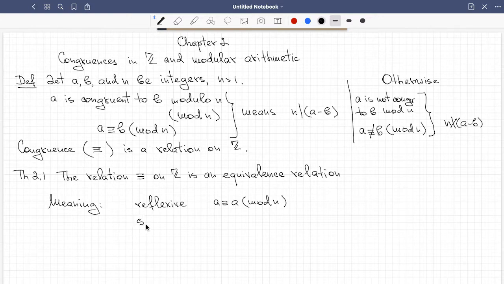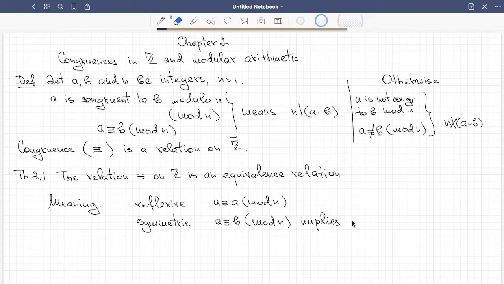It is symmetric, which means a is congruent to b mod n, for two integers a and b, implies b is congruent to a mod n.